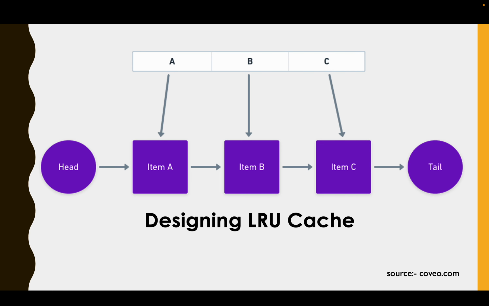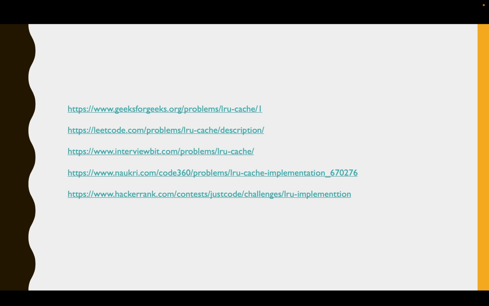We'll just touch upon what we need to understand about LRU to implement a Leetcode style problem. Also, there are other types of caches: least recently used, most recently used, least frequently used, most frequently used, random. Many types of caches are there. That's something you can look up in your free time.